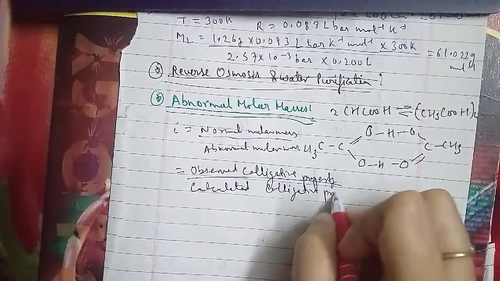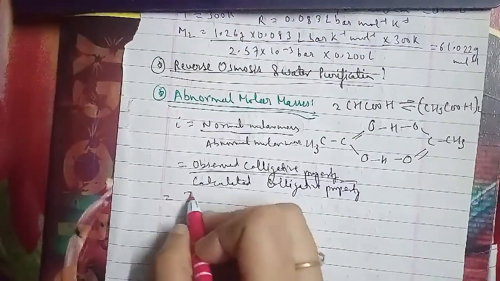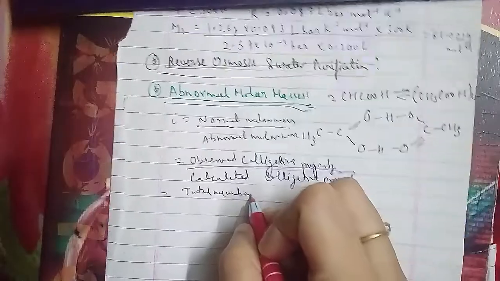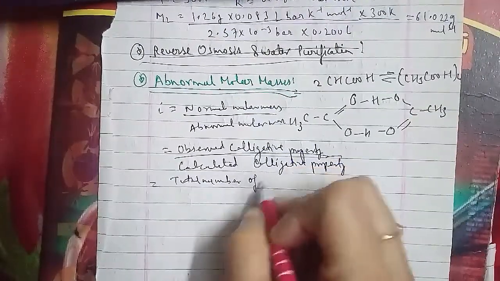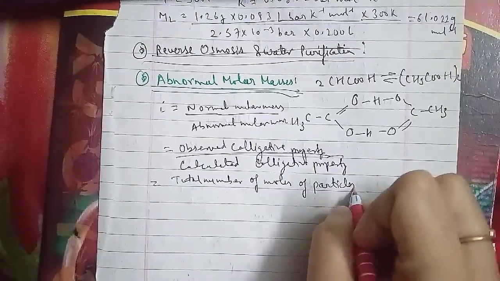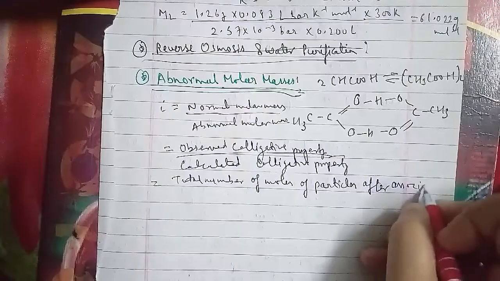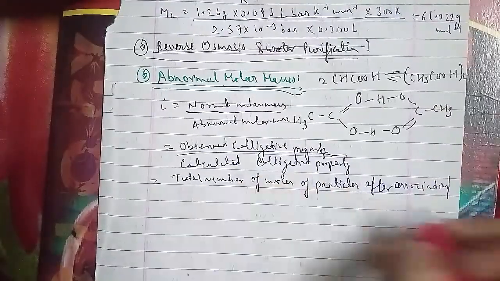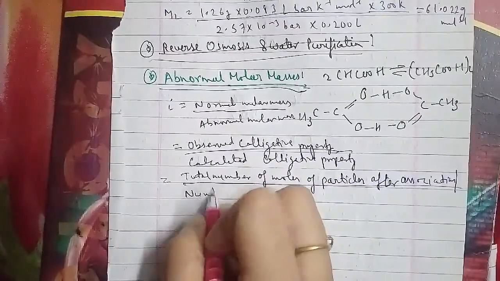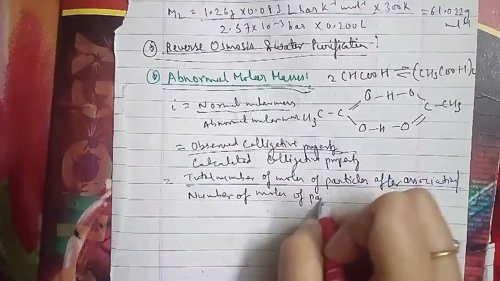Inclusion of the van 't Hoff factor i modifies the equations for the colligative properties. The relative lowering of the vapor pressure of the solvent is (P1 naught minus P1) upon P1 naught equals i n2 upon n1. Elevation of boiling point, delta Tb equals i Kb m.